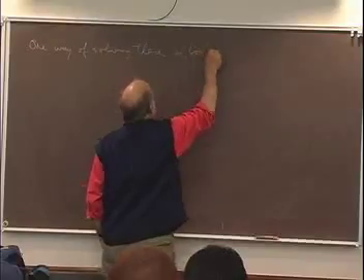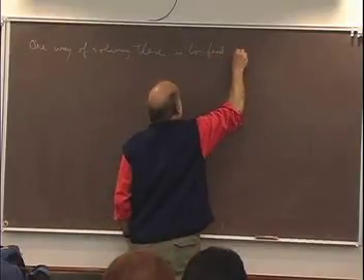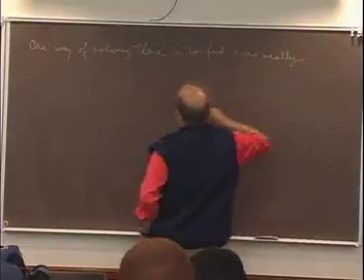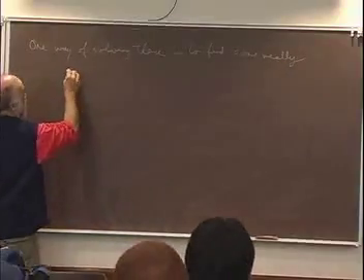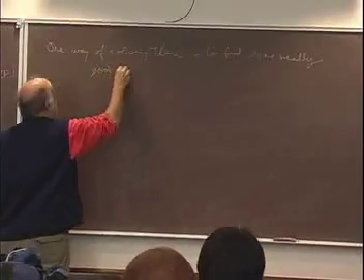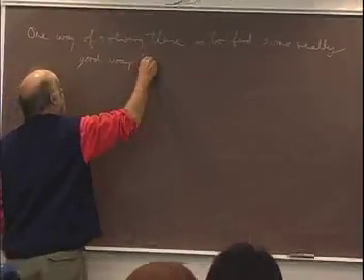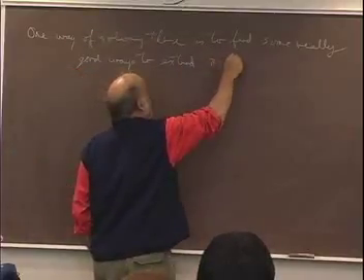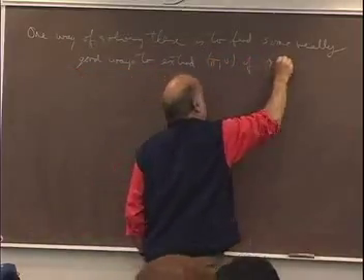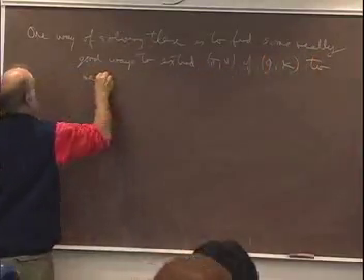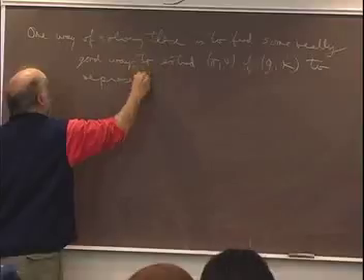But one way of solving these problems is to find some really good ways to extend the representation from GK to K to G. And then show it's canonical and exact and faithful and all very nice properties.